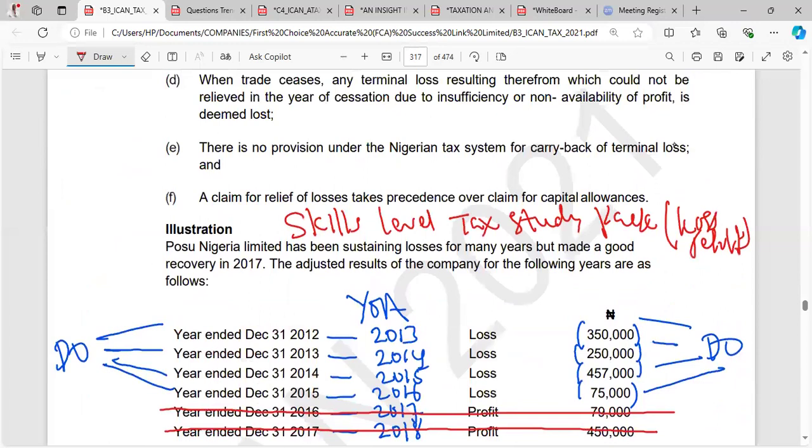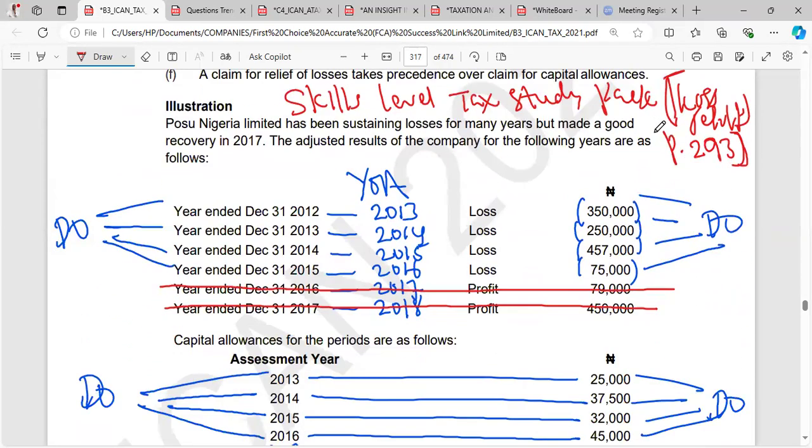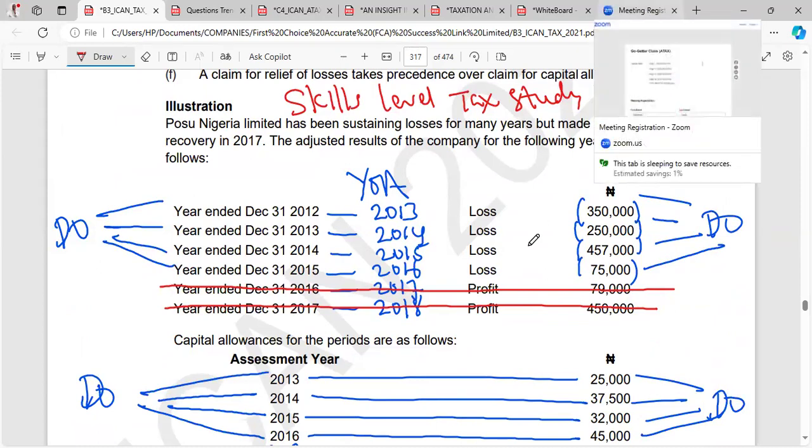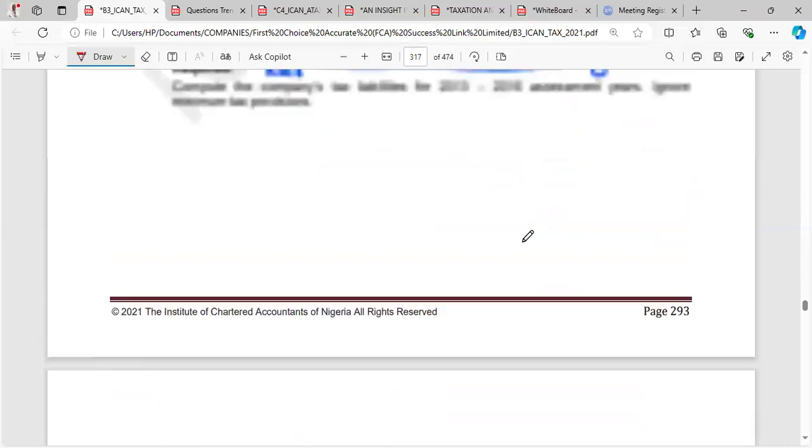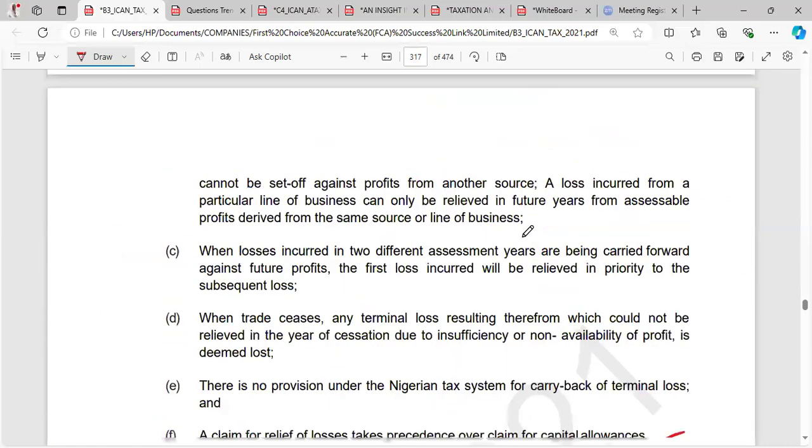So this is page 293. In case you want to visit it, you can also visit it and see other things here. It's the same study pack you have in the professional level, but this is another question you need to observe and do.